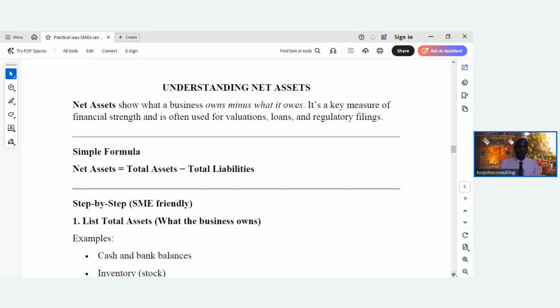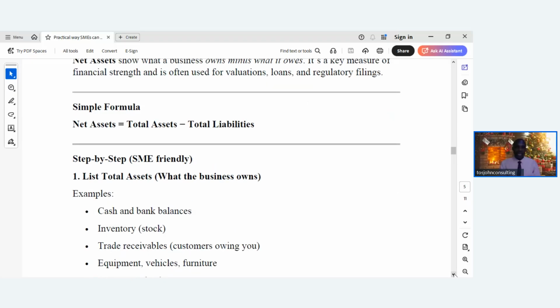So we have a simple formula for net assets. It is total assets minus total liability. Total assets means your current assets, your non-current assets, and other intangible assets.